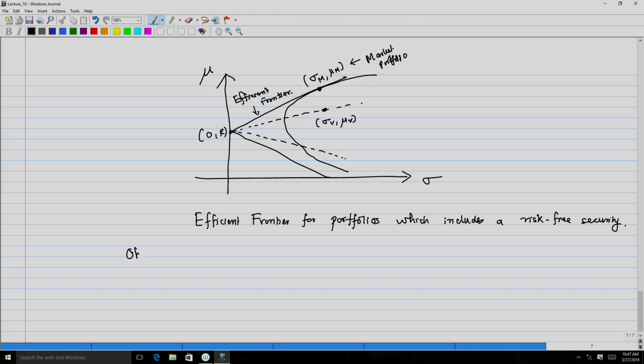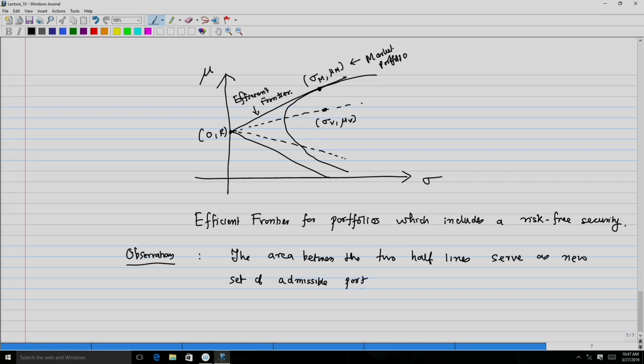So, I will just make a couple of observations here. The area between the two half lines serves as the new set of admissible portfolios which can now also include the risk free security.